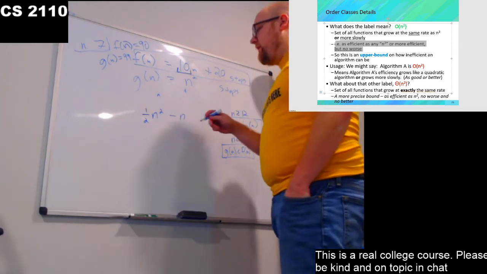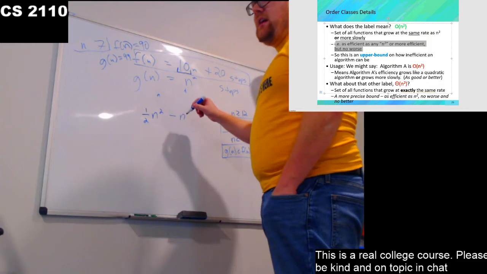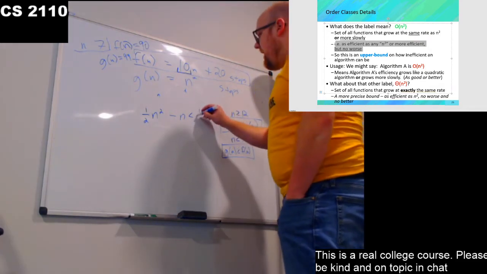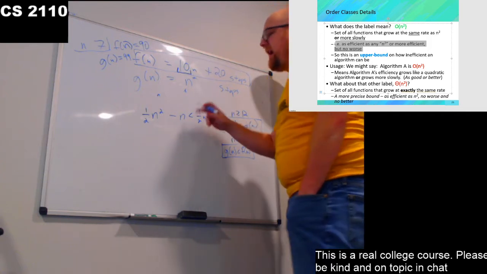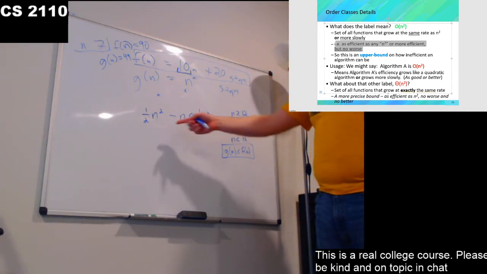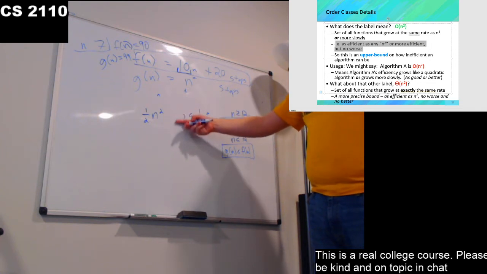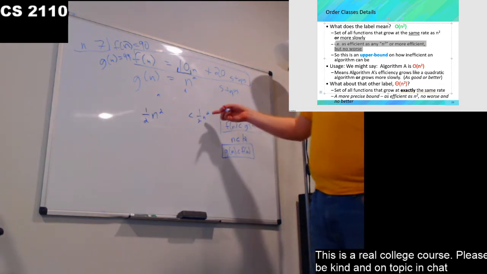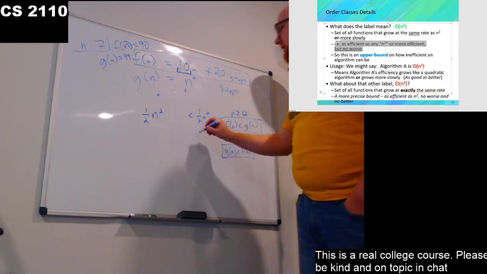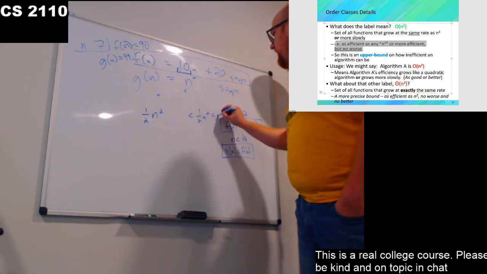This is roughly the runtime. For simplicity, I can say this is less than 1/2 of n squared, right? Because if n is always positive, then I can just remove this term and not worry about it. And this clearly grows at the same rate as O of n squared, because I could just say that this number is always less than n squared.